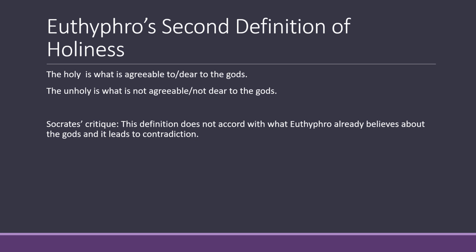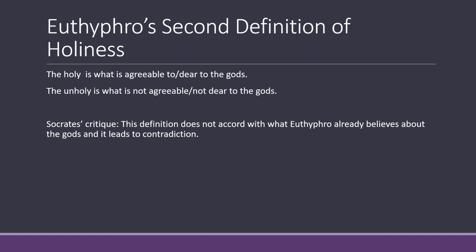Now the question is, is it not merely a general definition, but is it an acceptable definition? Can it withstand critical scrutiny? And so Socrates says, let's investigate what you've said and let's see if it makes sense. Now here, the Socratic method, Socrates' questioning of Euthyphro, takes a slightly different turn than it did in the criticism of the first definition.